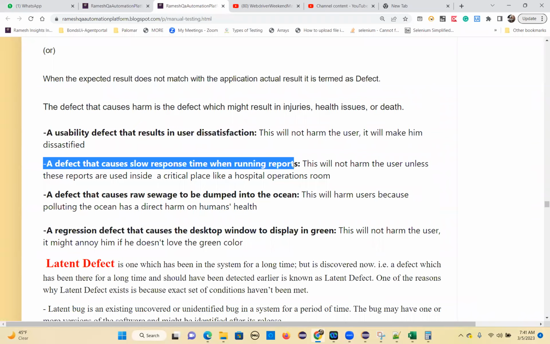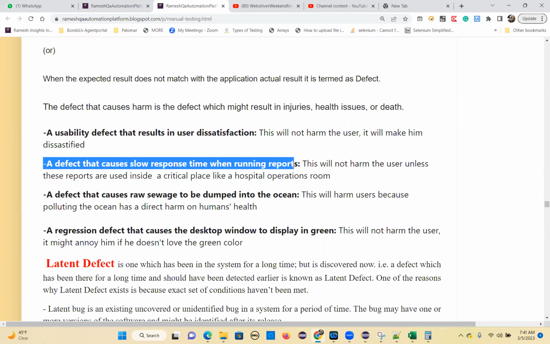Take a healthcare domain, patient reports you want to retrieve by giving a patient ID or something, and it is loading slowly. It will load, but slowly. That means there is a performance issue there. That's what slow response means. The page is loading slowly for you, or data is retrieving slowly for you. That's the meaning of that.